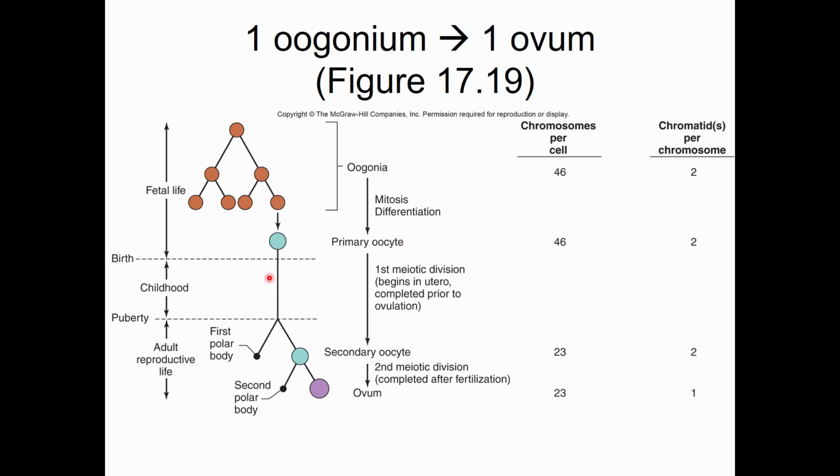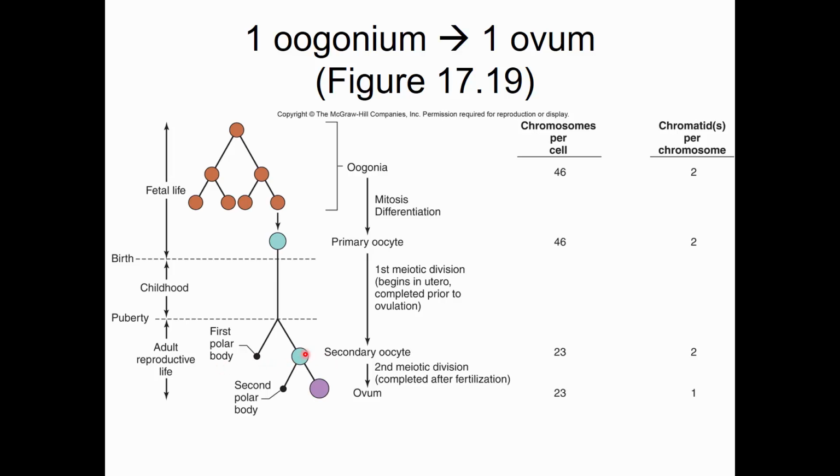The baby girl is born, she goes through childhood, and it isn't until she starts puberty that this process will start up again. So there will be a meiotic division. Notice all the cytoplasm goes to one cell, and simply a remnant of the nucleus is cast off. We call that a polar body.